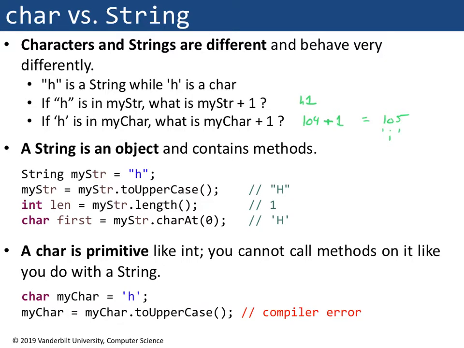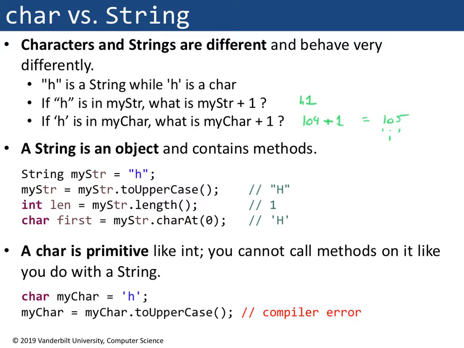So as you know by now, a string is an object, and objects contain data and methods. So we can store the data h in myString, but then we also have access to the methods such as toUpperCase or length. toUpperCase is going to return a new string object with all the characters in the original string in uppercase, so capital H. And then length is going to return the length of the string, in this case 1, because it's only one character long.